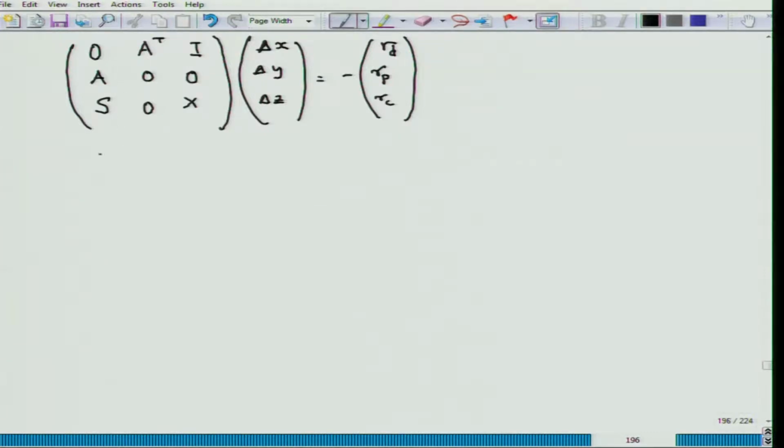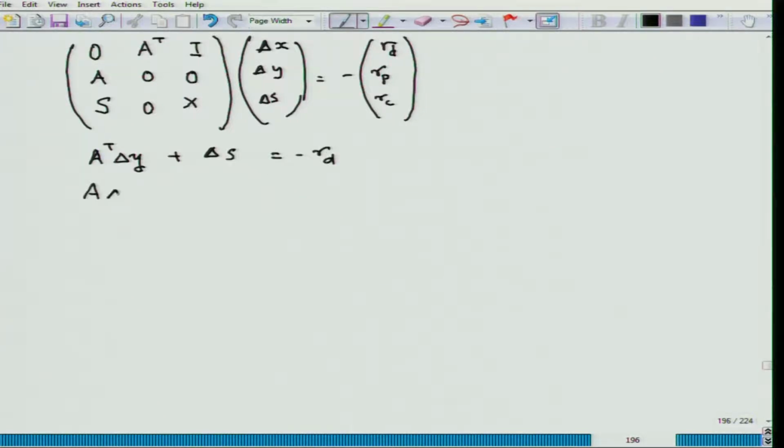So, what do I get from this? A transpose delta y plus I times delta s is minus RD.